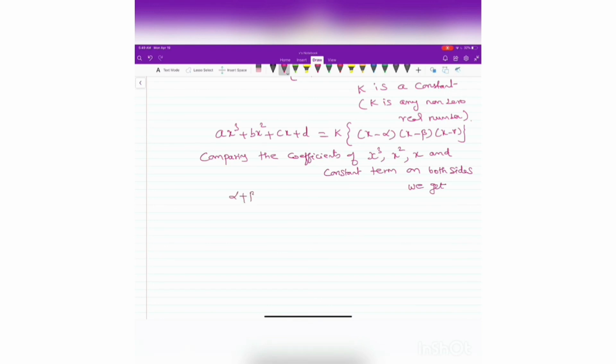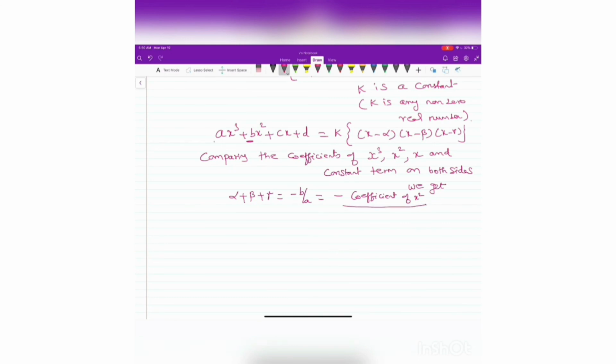alpha plus beta plus gamma is equal to minus b by a, which is nothing but minus, see here, b is nothing but coefficient of x square. So, minus coefficient of x square by a.